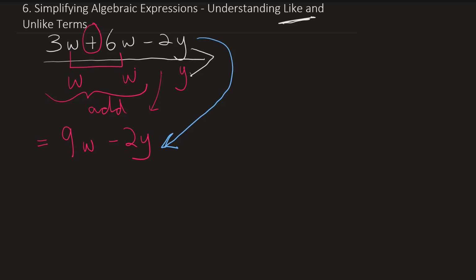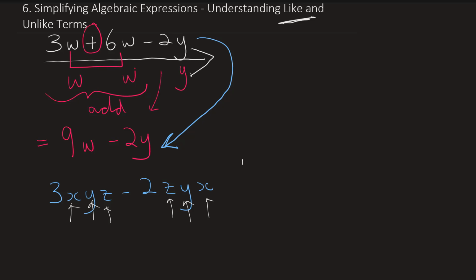Let's have a look at another one. 3xyz minus 2zyx. Now, first thing we're going to do is determine if these are like terms. This first term has the variables x, y, and z. The second term also has x, y, and z, although they're just written in a different order.